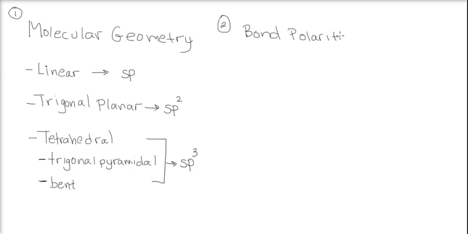Bond polarity is essentially determined based on electronegativity differences between elements that are covalently bonded. From general chemistry, what you may or may not remember is that electronegativity increases up and to the right.